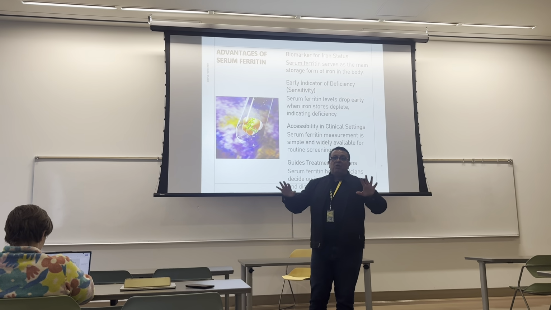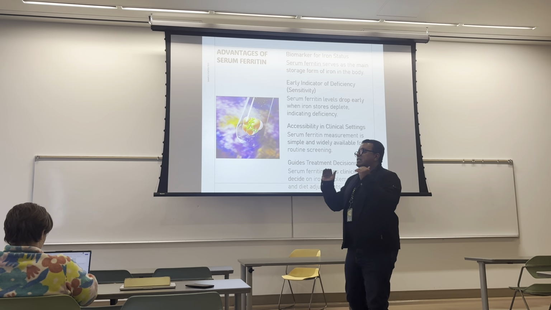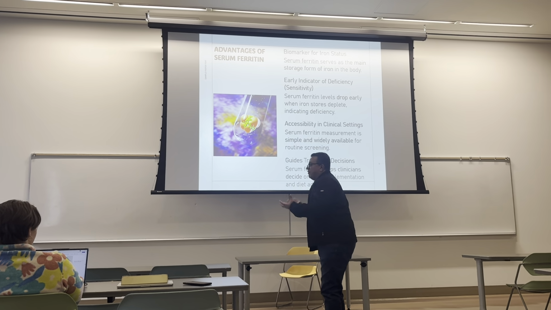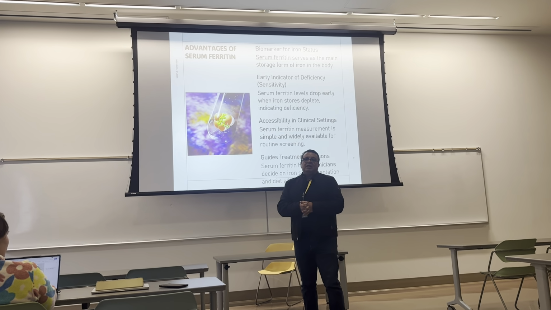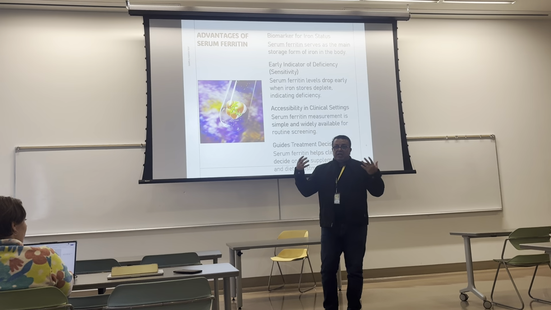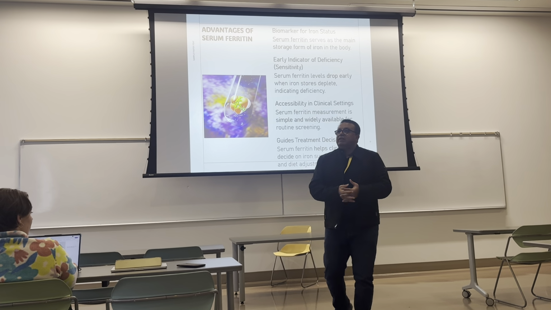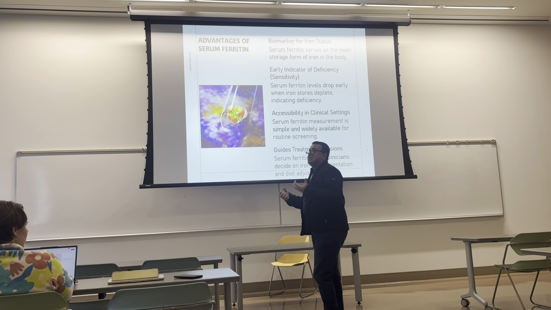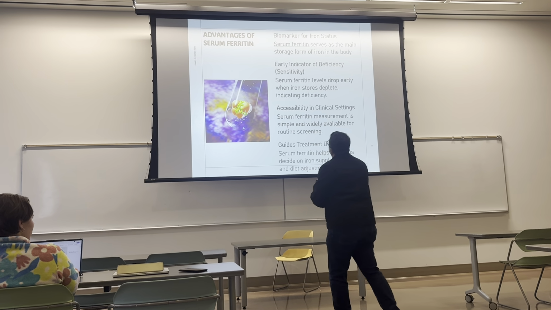When there is no other complication, as long as I have a limited amount of iron in my stores, when I do the test for ferritin, it will show that there is a deficiency in the iron in my body.